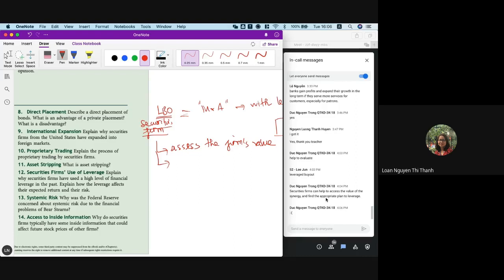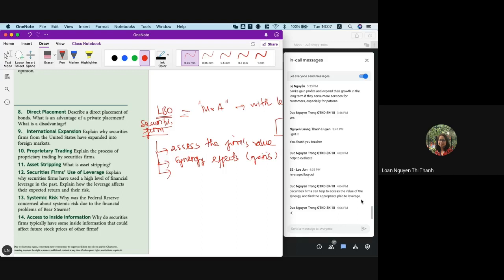Assess the firm value first. Of course, the synergy. Yep, synergy. If the two firms are together, we have the synergy effect. Any gains here? We find out the gains.